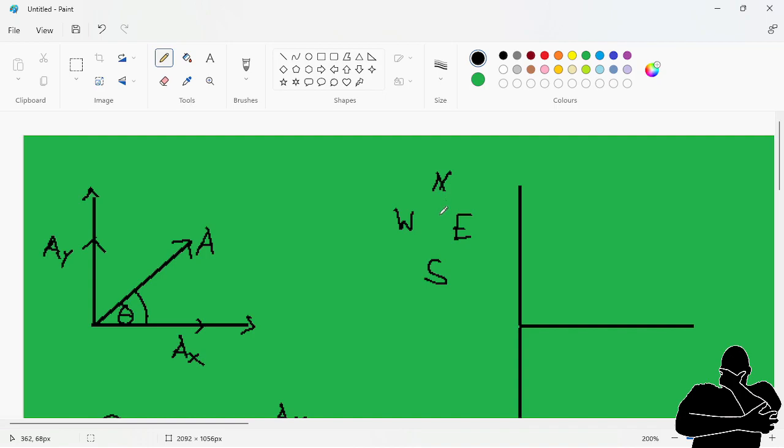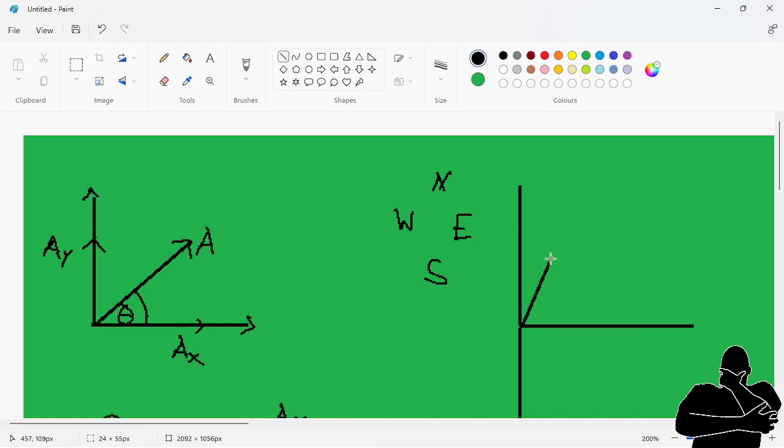So if he goes 20 degrees east of north, he's going to go to the right of north by 20 degrees. What does that look like? Well, it's going to look something like this. This line represents the north axis, or the y-axis, but up is north.